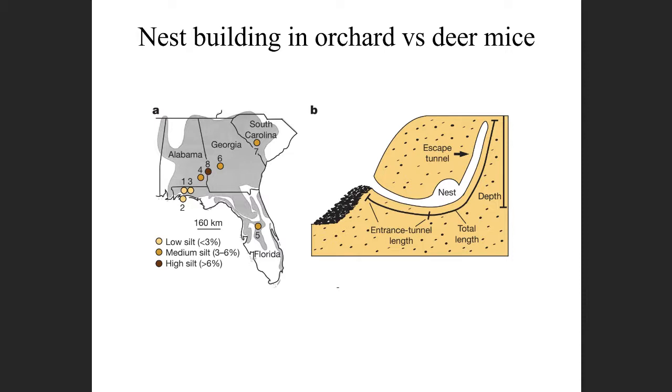A mouse nest, at least an orchard mouse nest, will usually have two parts. It'll have an entrance tunnel, and the length of the entrance tunnel can vary. And then it'll have an escape tunnel. The escape tunnel actually isn't open, but it's close to the surface. And so a mouse that has to get away from a snake can race out the escape tunnel and leave the nest. If there's a snake, I'm not going to draw the snake.